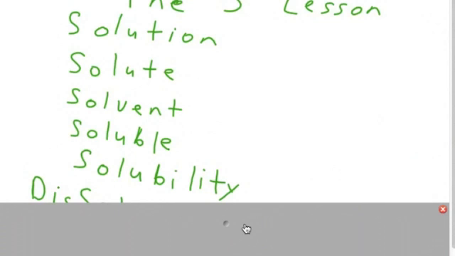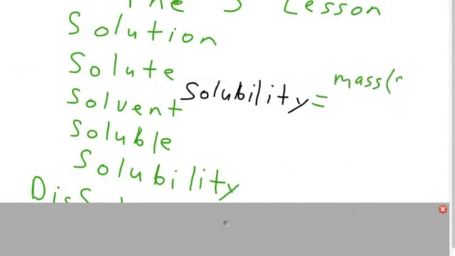And there's an equation for it. Solubility is equal to the mass of the solute that can completely dissolve in a certain volume of what, class?